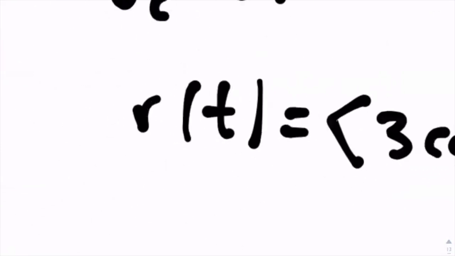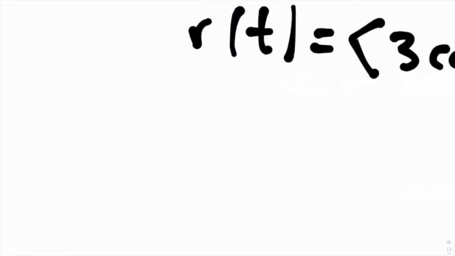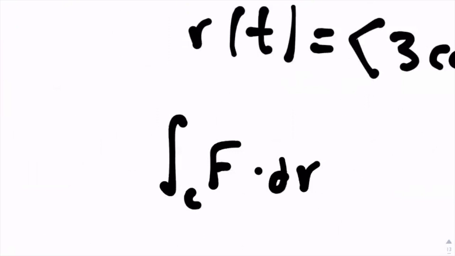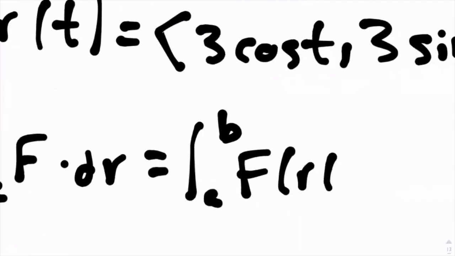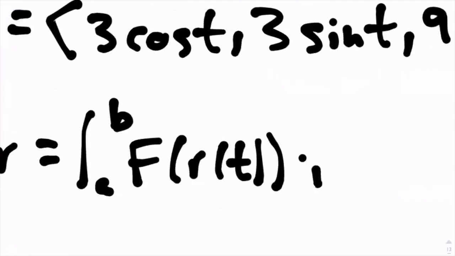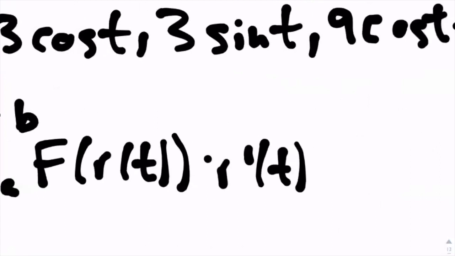And the next step we need to take, since in solving a basic line integral, we know that this is equal to, from a to b, F of r of t dot r prime of t dt.